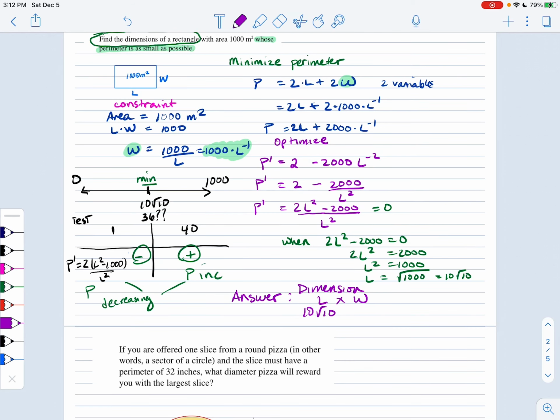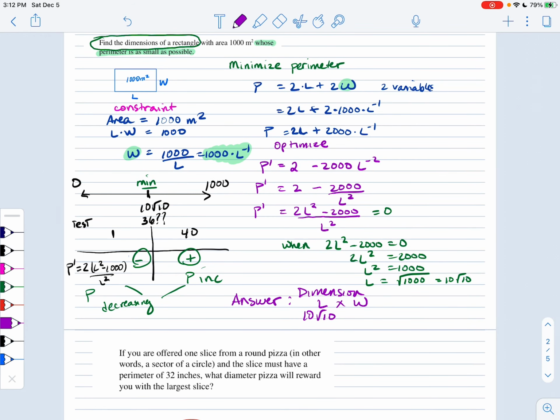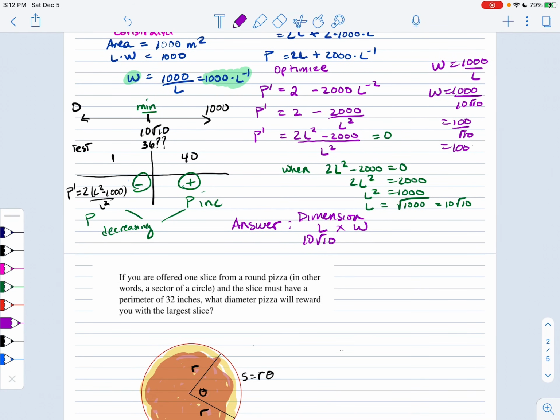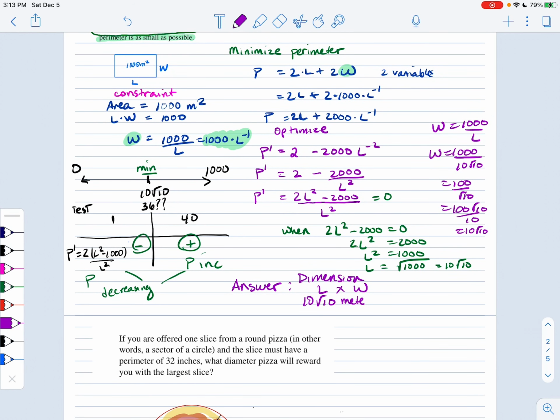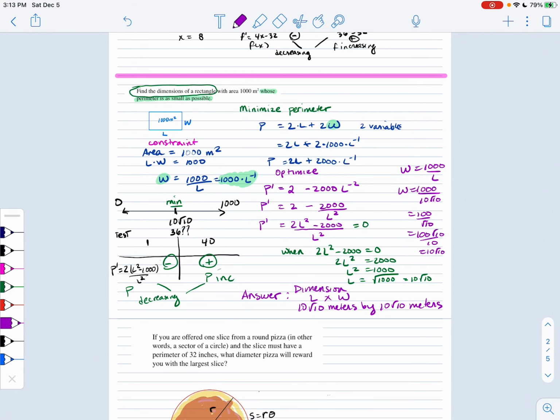And I can go back to my constraint with my W. And if I have my W here equal to 1,000 divided by L, 1,000 divided by 10 root 10 is going to be 100 divided by root 10, and that's going to be 100 root 10 over 10, and it's also going to be 10 root 10. So I will have 10 root 10, and what are the measurements? Meters by 10 root 10 meters. So I'm going to get a square. That's going to minimize our perimeter.